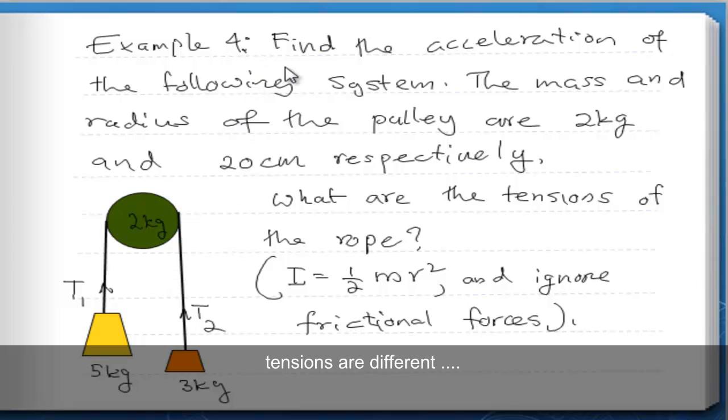So the question is, find the acceleration of the following system. The mass and the radius of the pulley are 2 kilograms and 20 centimeters respectively. What are the tensions of the rope? I is given by 1/2 mr squared, and ignore frictional forces. And also we ignore the mass of the rope. We still assume that the rope is very light.